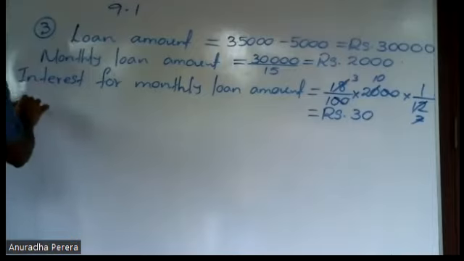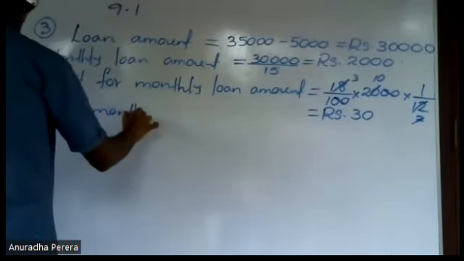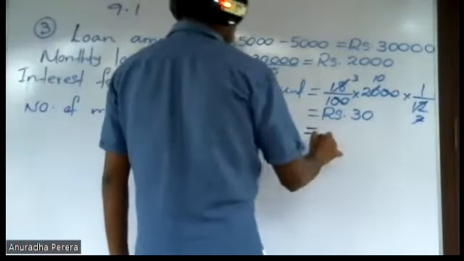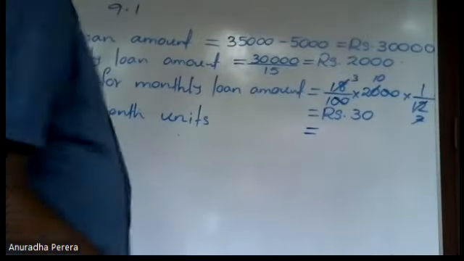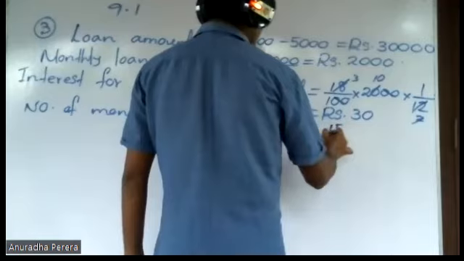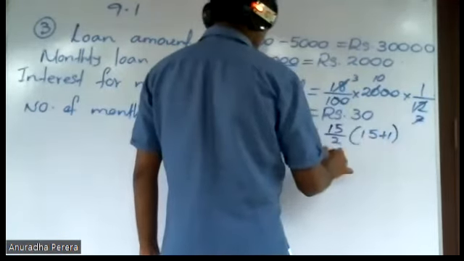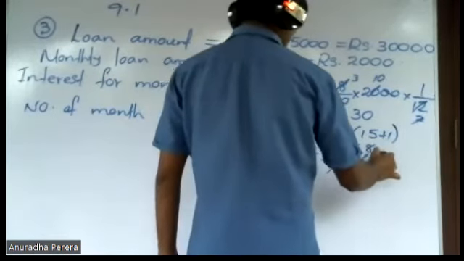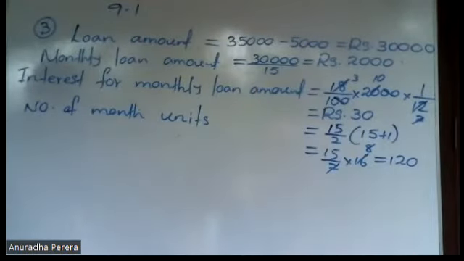Now, number of month units. $15 over 2, 15 plus 1, 2 into 16, 120.